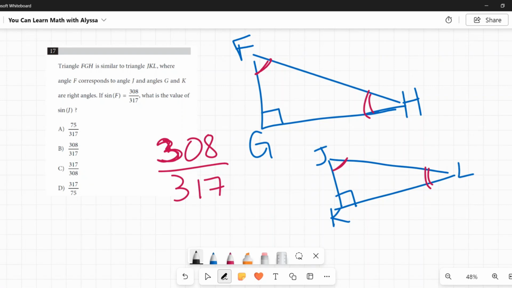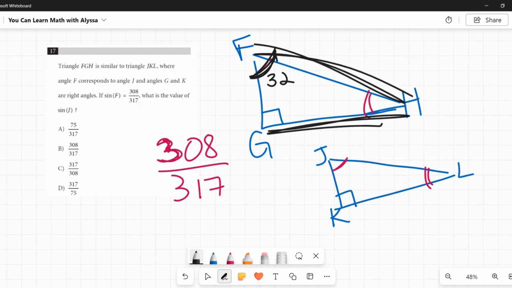So if there is a particular angle, say 32 degrees, and I took the length of the opposite side, and then took a ruler and measured the hypotenuse, and divided those, no matter how big or small the triangle is, every single triangle in the world with a 32 degree angle will have the same ratio of opposite over hypotenuse, and that is sine.